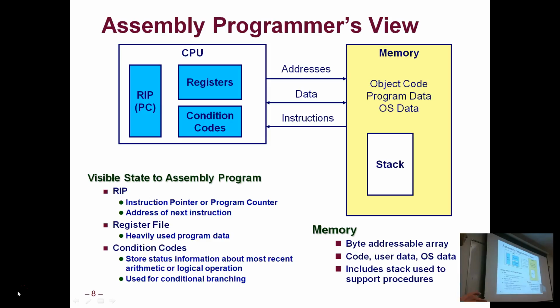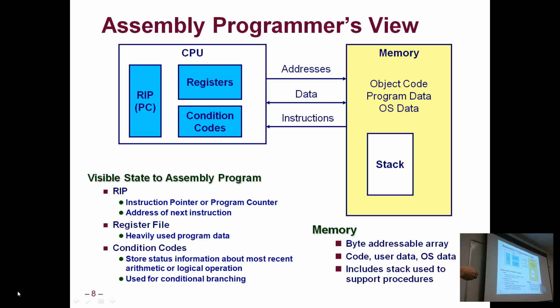Okay, so with an assembly program, you have a specific view of the CPU state, and this is abstractly what it looks like. On the CPU, your assembly program has access to the instruction pointer, a certain set of scratch registers, and some condition codes that tell you the result of a previous instruction.